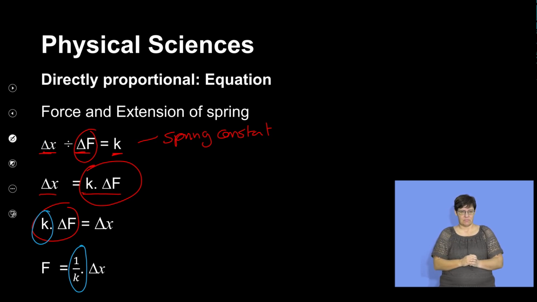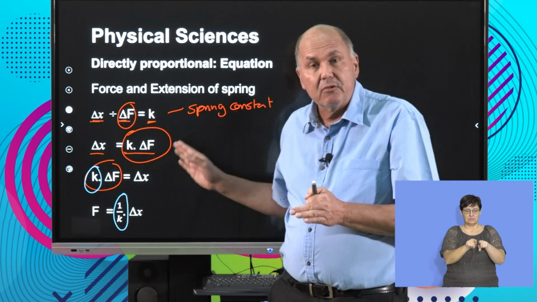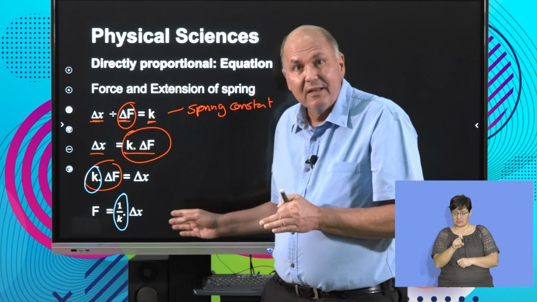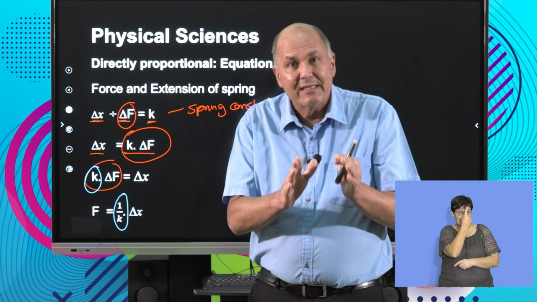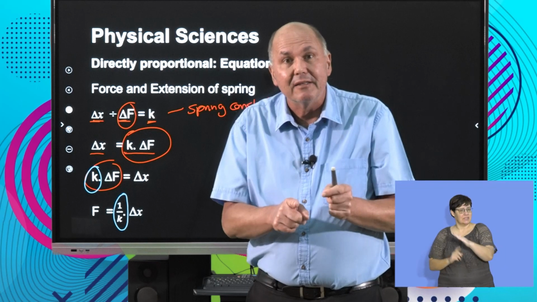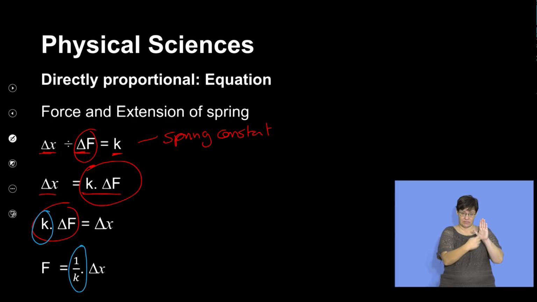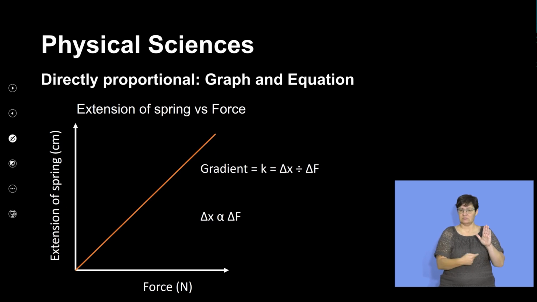Now, if the equation is written like this, F is equal to 1 over k times delta x, then what I need you to understand is that 1 over k is not the gradient. If we go back to the graph of the gradient here, this was k.